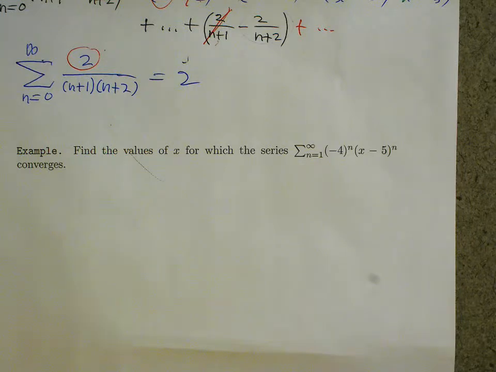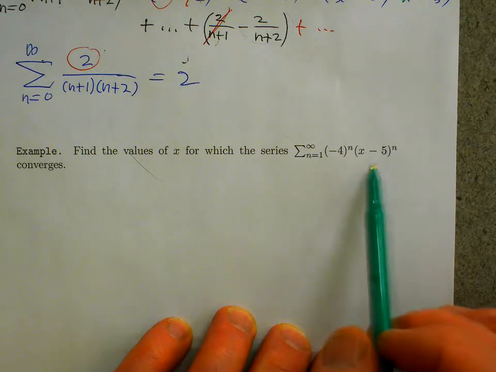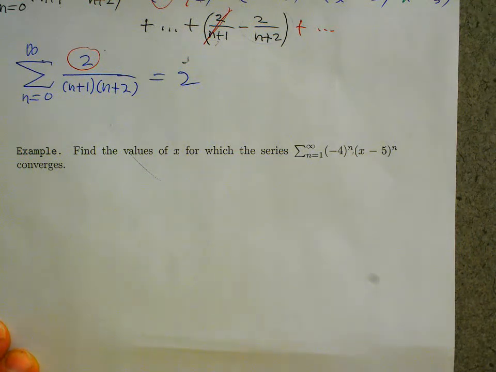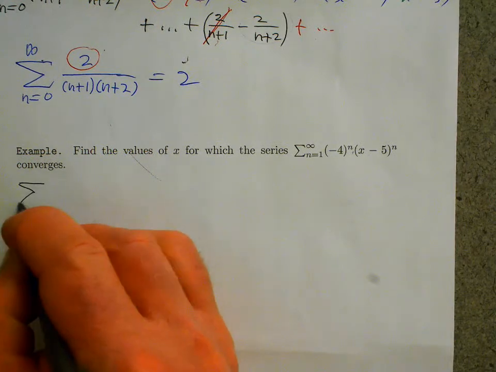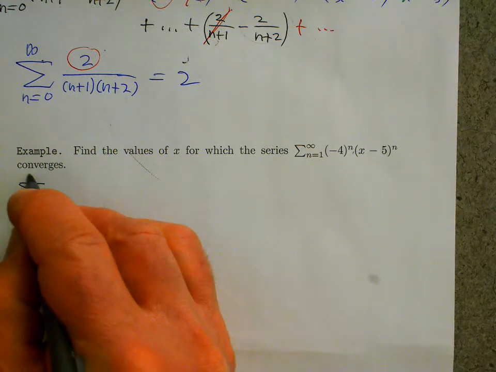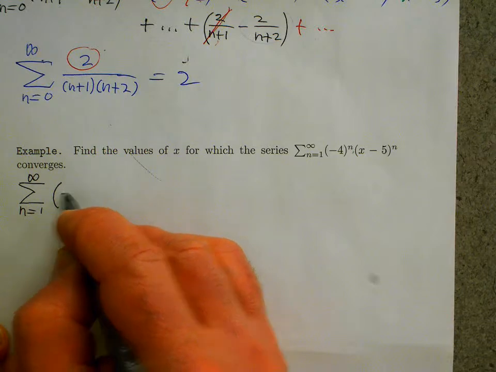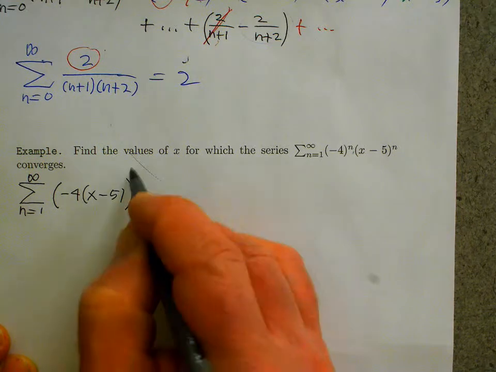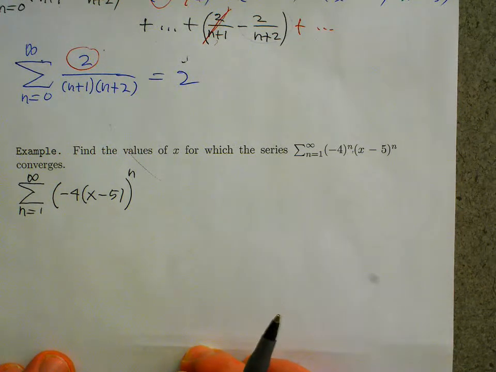Yeah, I'm thinking geometric because I have two terms raised to the power n, and I'm multiplying, so I can rewrite it as -4 times (x minus 5), all to the power n, right? Using properties of exponents. Are we all in agreement about that?